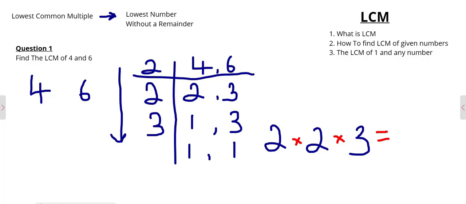So what do we do next? Multiply. So 2 times 2 gives us 4. Then 4 times 3 will give us 12. So the LCM of 4 and 6 becomes 12.